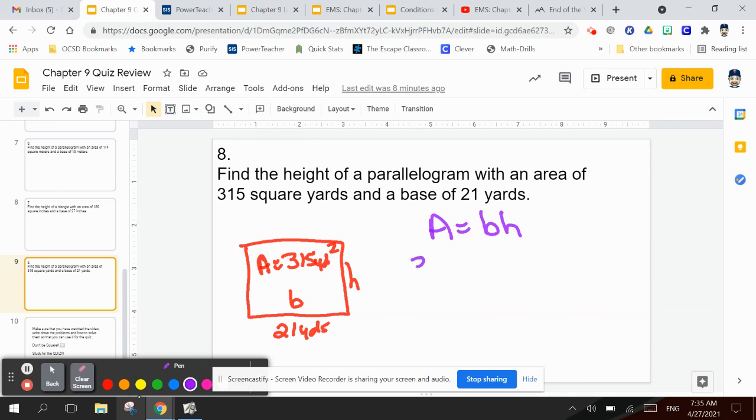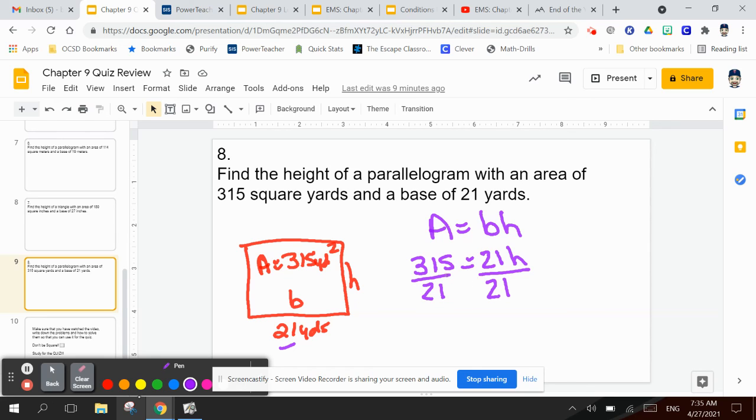The area, 315, equals 21, that's my base, times h. So in my equation, I have to get h by itself, so I have to do the opposite of multiply, which is divide. I'm going to divide by the coefficient, which is 21.